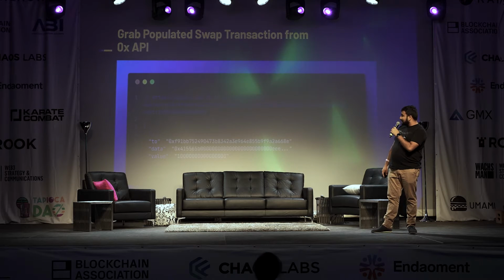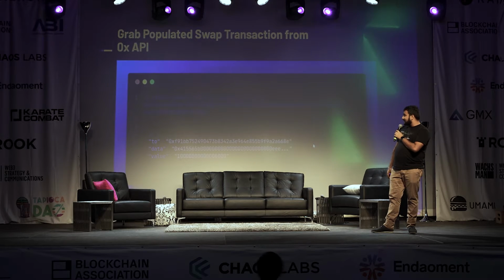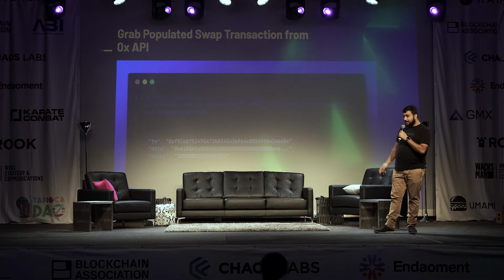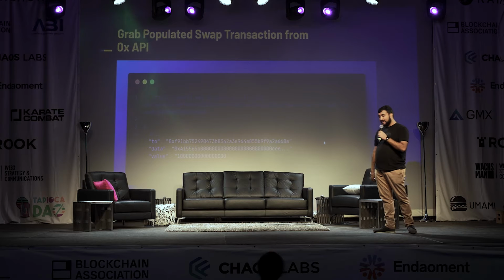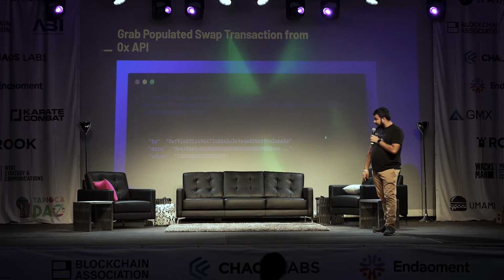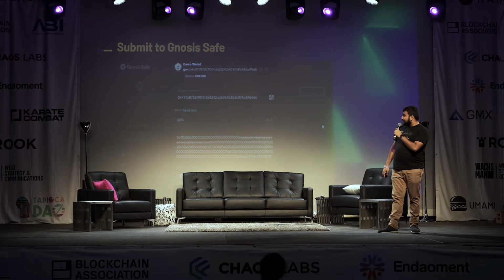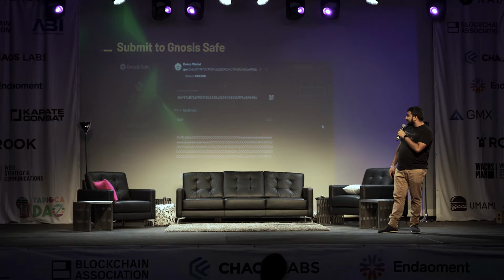So first of all, that's a URL to the 0x API, and you've got an example response there. You'd fetch your trade details from the 0x API. That's got two fields, data and value. And I can go over into Gnosis Safe.